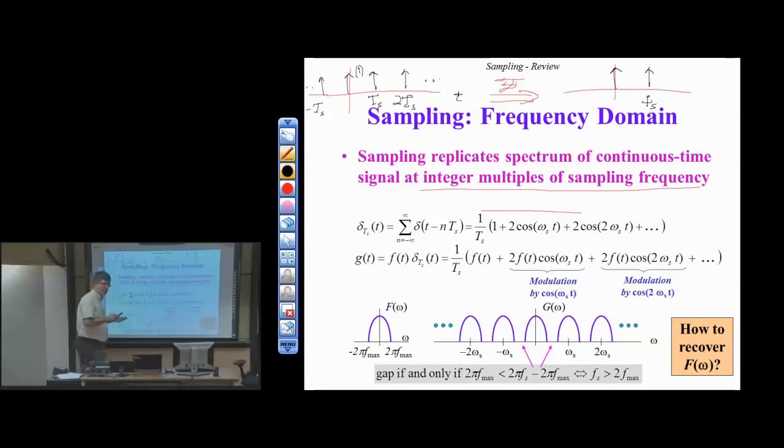But we're not multiplying in the Fourier domain, we're convolving in the Fourier domain.